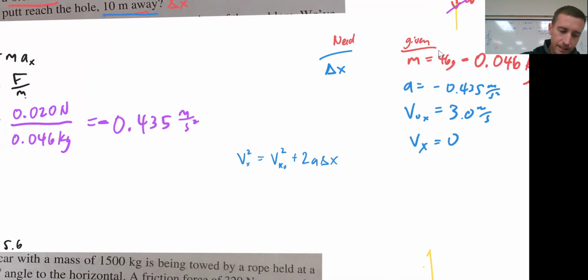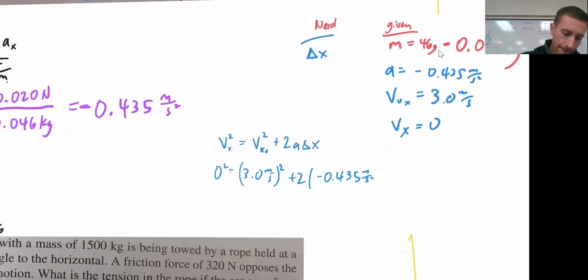I can plug everything in except the x. My v sub x is 0 squared equals 3.0 meters per second squared plus 2 times negative 0.435 meters per second squared, times delta x.